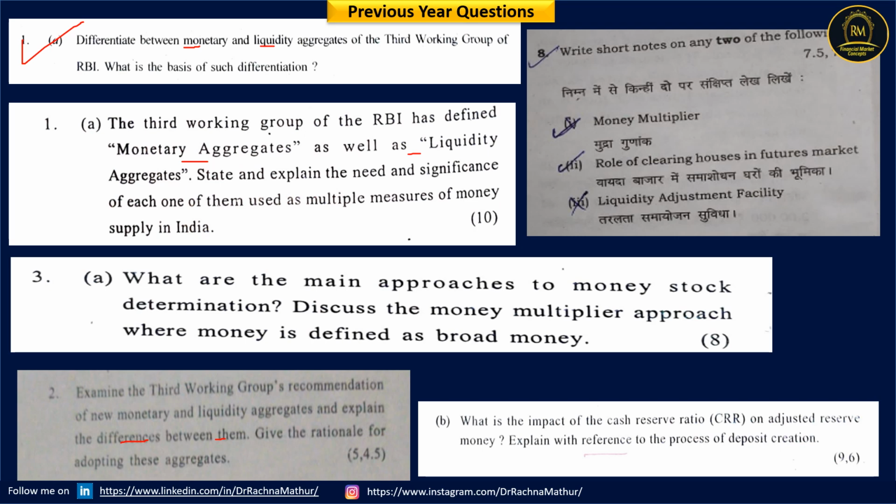So learn this difference between monetary and liquidity aggregates, that is a new measure of money supply, and why this new measure was introduced. Here you can see the question is on what is the impact of CRR on adjusted reserve money. Explain with reference to the process of deposit creation. In a short note, what do you understand by money multiplier?